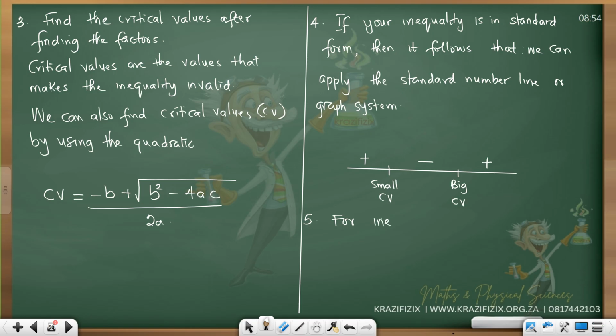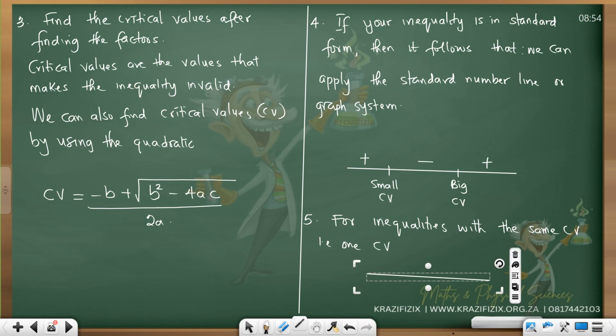For inequalities with the same critical values, that is one CV, your number line then becomes, since it's one CV, positive and positive. You have your CV there. I'll show you how this works. Once you master this, it's going to be very, very good.